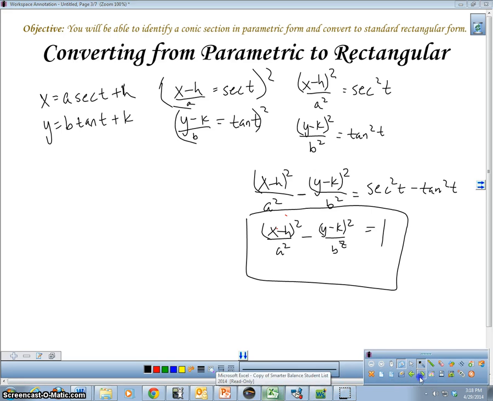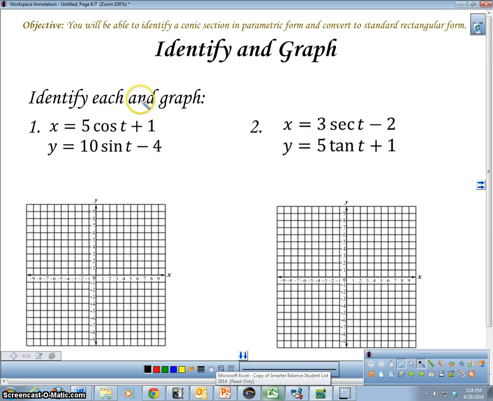But let's take a look at some problems that you'll have to do. So identify the graph. So you just look at these parametric equations, and you notice that you're dealing with cosine and sine, and you have two different numbers in front of your cosine and sine. So you automatically know that this is an ellipse, and this is an ellipse with a center at 1, -4.